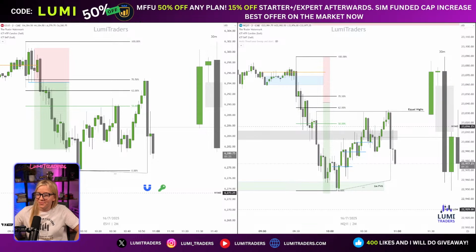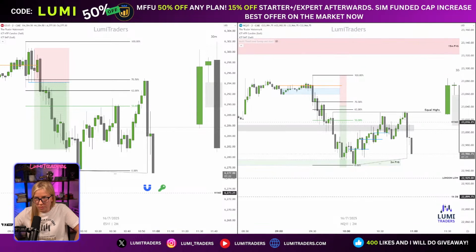Go to the moon. Let's go to the moon. I still would like to see lower anyway. Still would like to see 80 points lower. Two-minute chart, comparing, same. We didn't take any significant level. If NQ is dropping, normally gold is pumping.